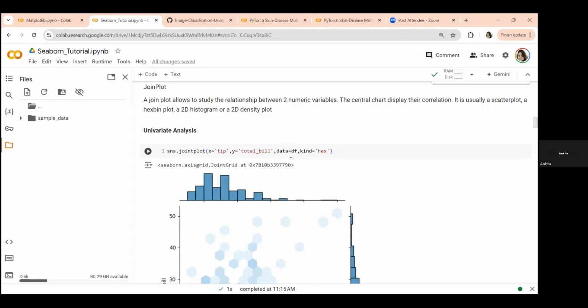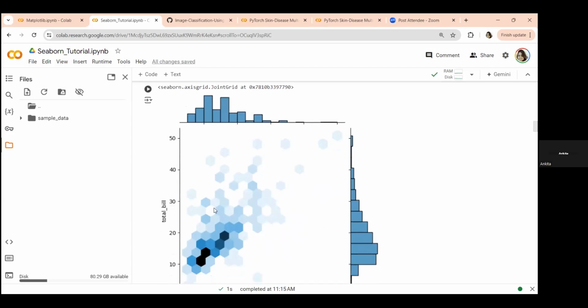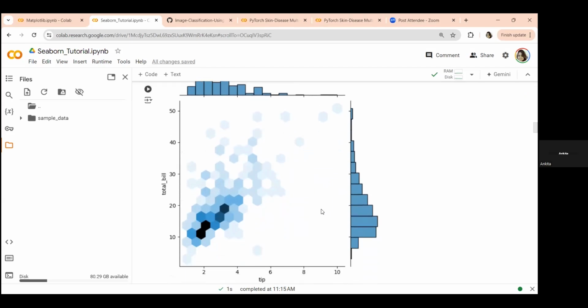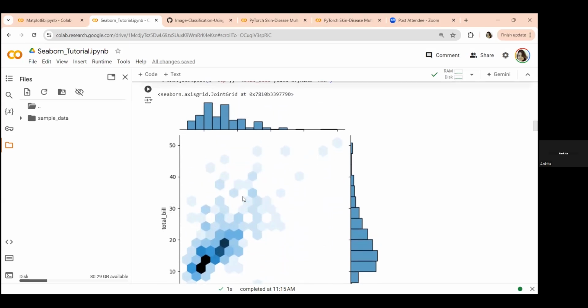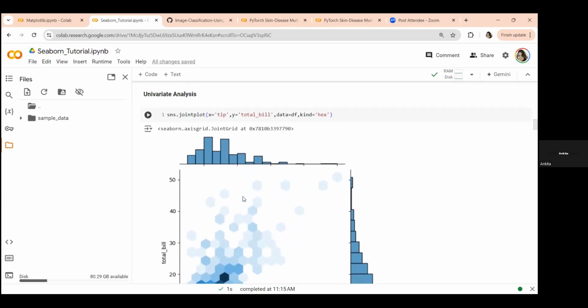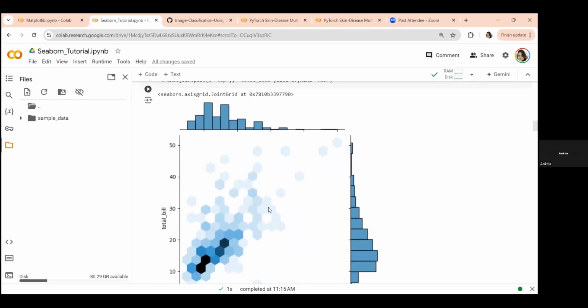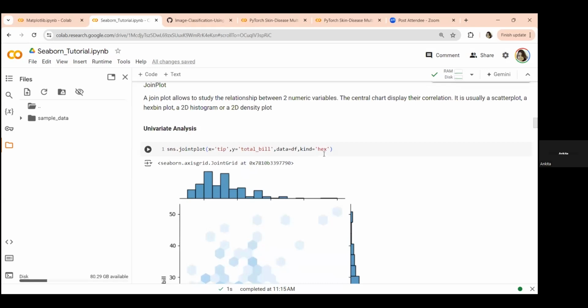Here kind equals hex, because when representing this joint plot we are not using circles or any other structure for the data points. We are using hexagons for representing the data points, so kind equals hex.